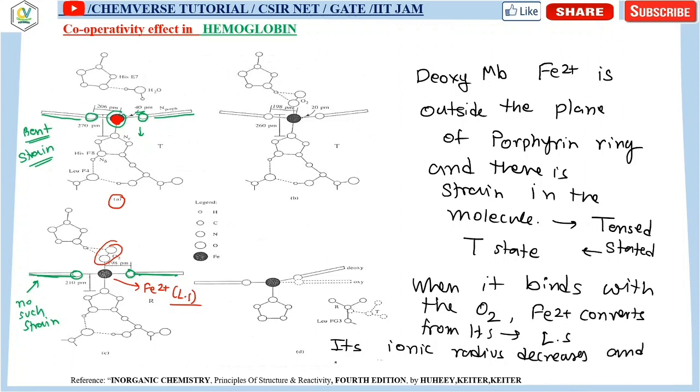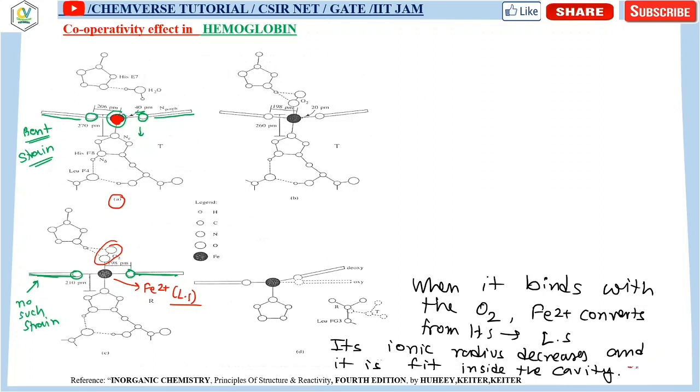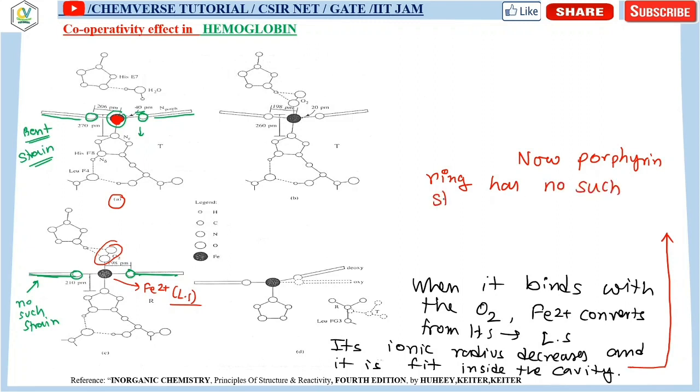and it fits inside the cavity. So as a result of that, you can see that now the porphyrin ring has no such strain, so it is now in a relaxed state.